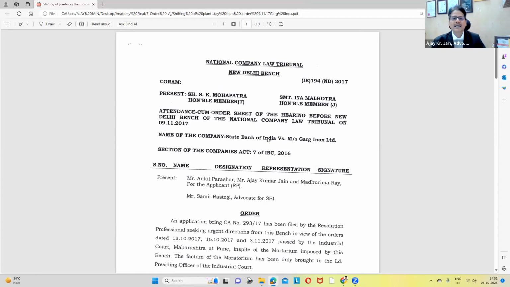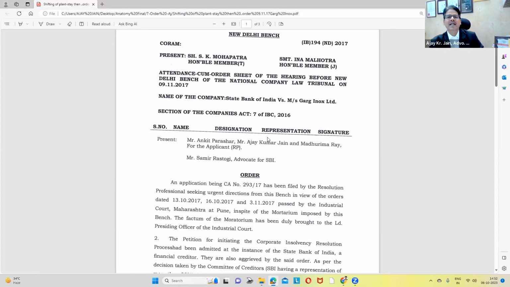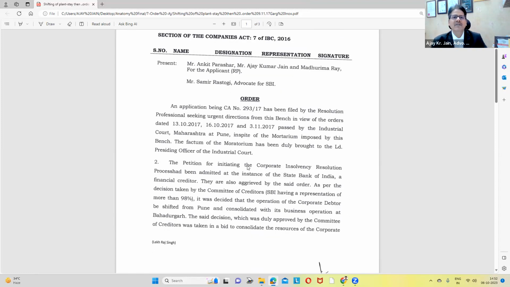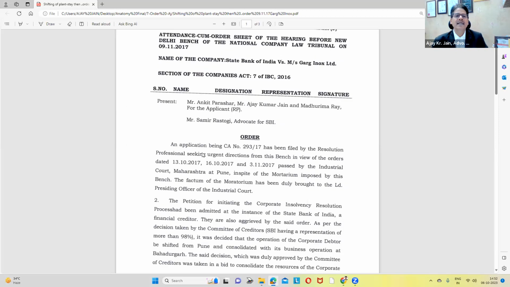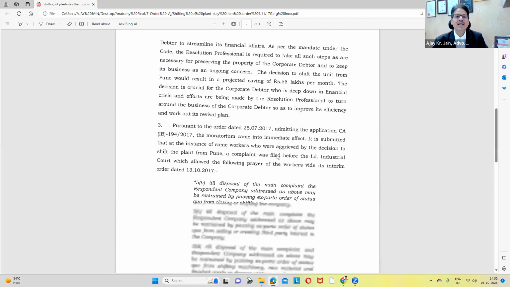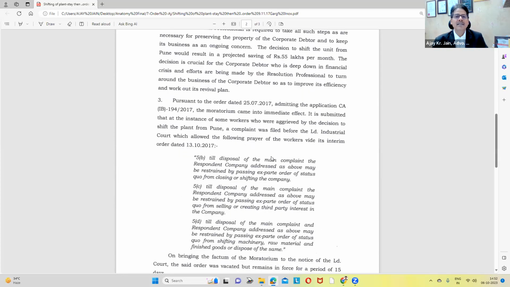The corporate debtor wanted to shift their plant from Pune to Bahadurgarh, Haryana. And while passing this resolution by the CoC, the workmen got a stay from the industrial tribunal in Pune. So I filed an application on behalf of the RP before NCLT Delhi.